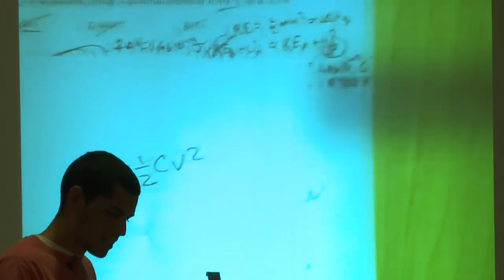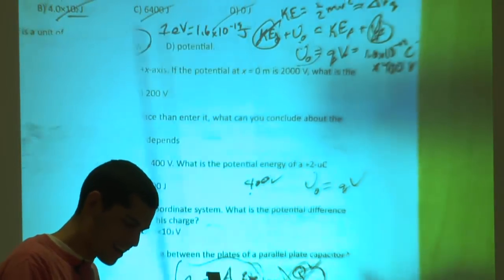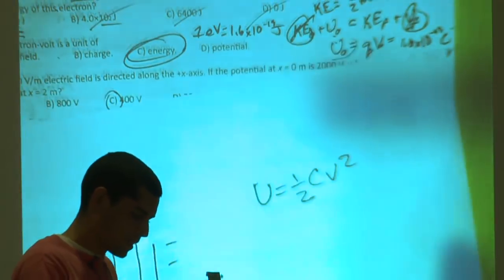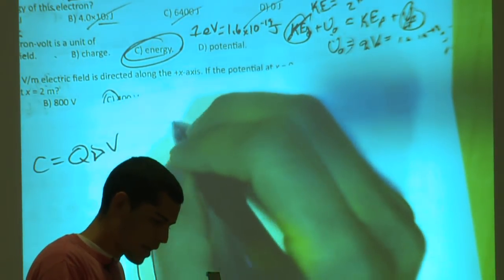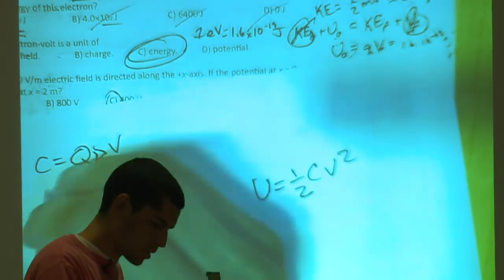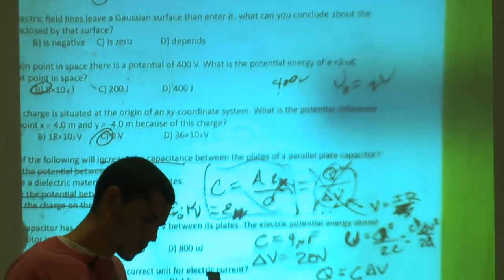So let's take a look at our previous one. We had C equals Q over delta V, and then we had U equals Q squared over 2C.